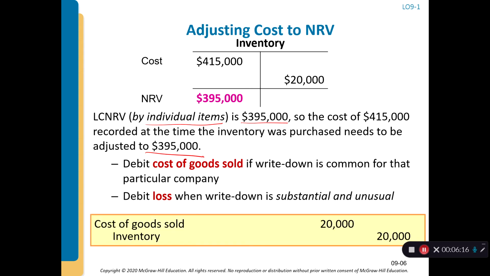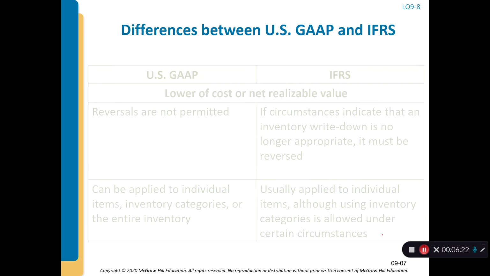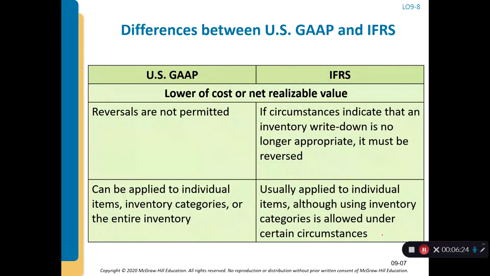The journal entry will be a debit to cost of goods sold and a credit to inventory of $20,000. Under US GAAP, reversal is not permitted. However, IFRS considers that in circumstances where the net realizable value is recoverable, you can reverse the adjustment.